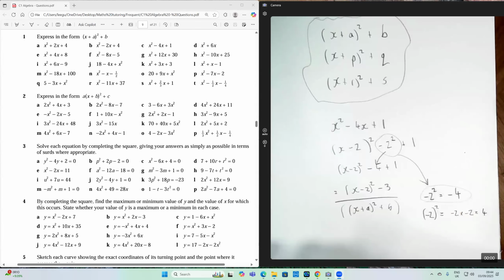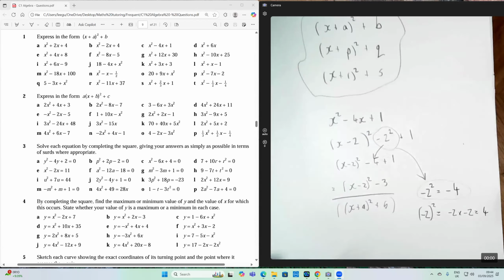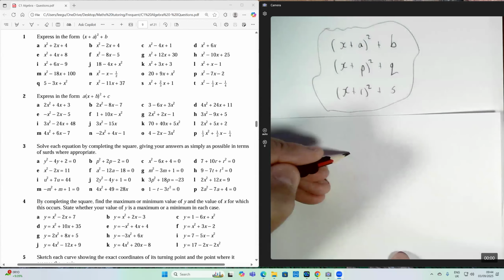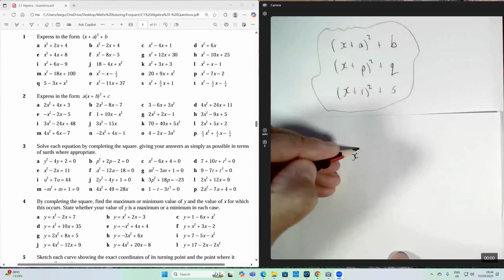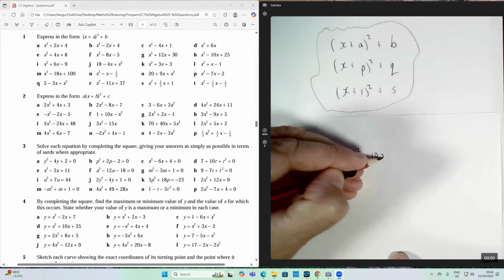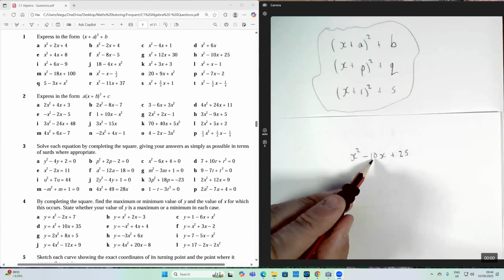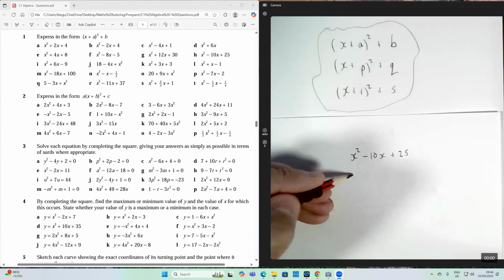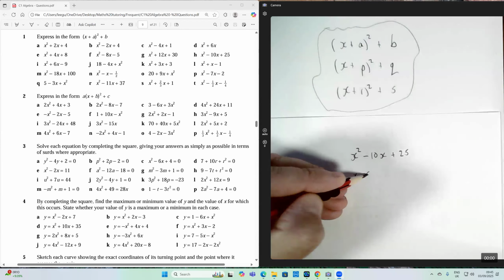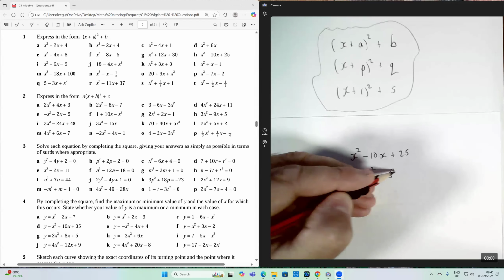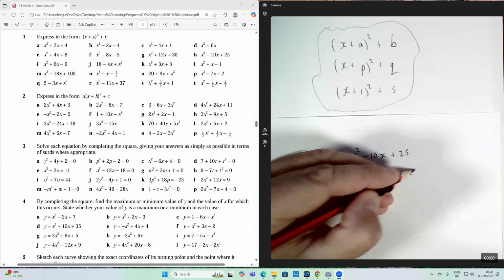Okay, let's do another one, and then I'll talk to you about how we link this into the coordinates of the turning point. Let's do the one there that's called question 1h. So x squared minus 10x plus 25. Again, we halve that number that's in front of the x. So it's going to be x minus 5 all squared minus 5 squared plus 25.